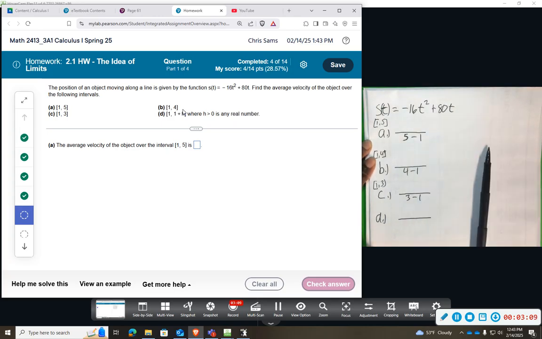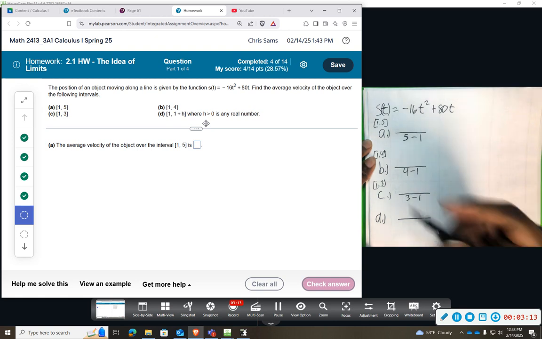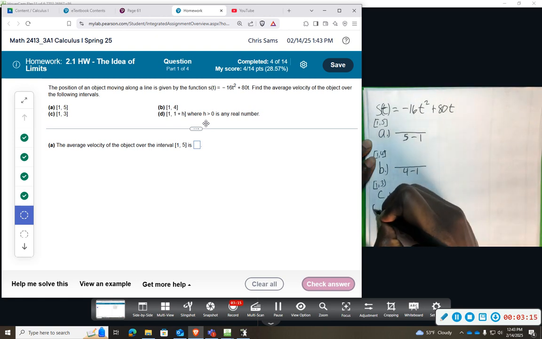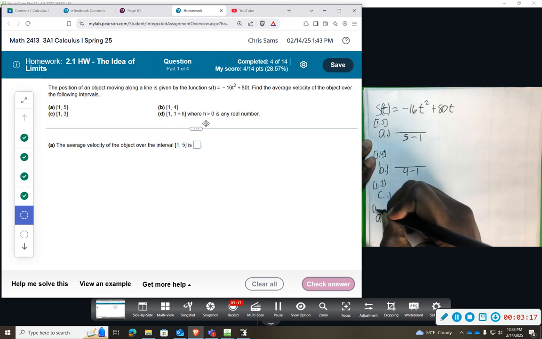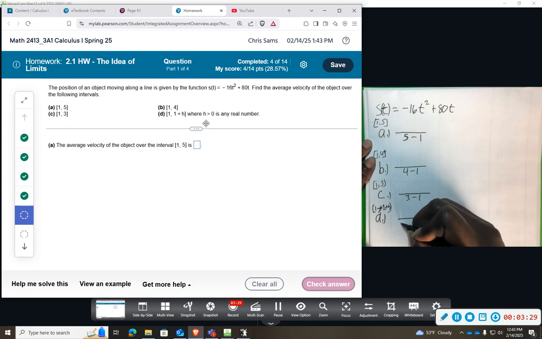Then part D says, if we do this for any number H, we're going from 1 to 1 plus H. So this is going to be H plus 1 minus 1.